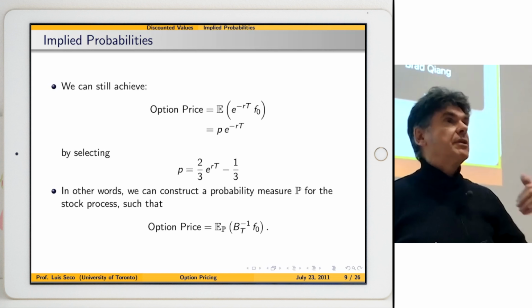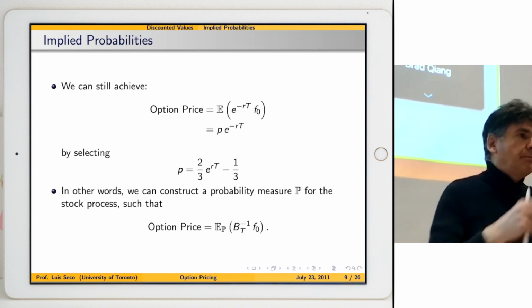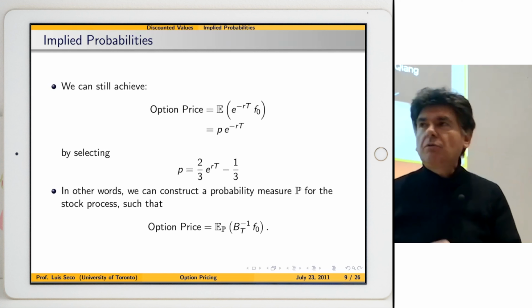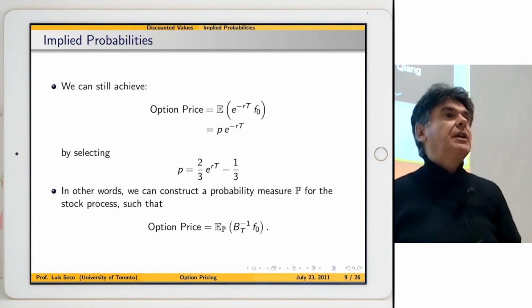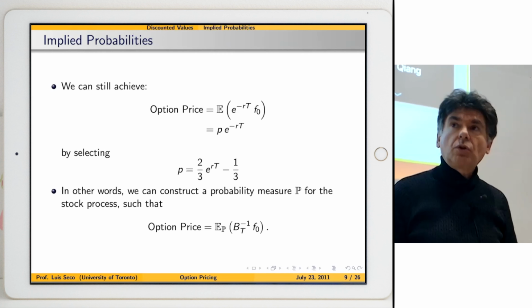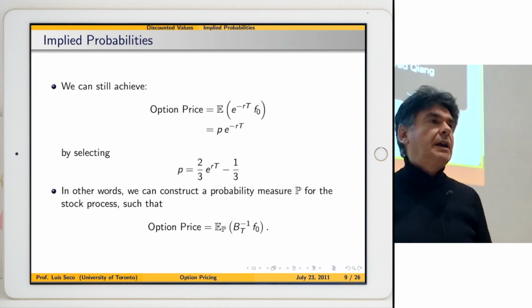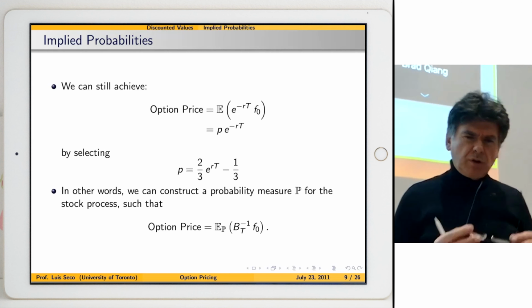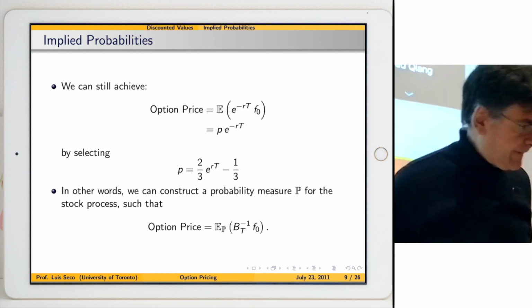P is the one that's given to you by opinions or something, and Q is the one which is built into prices. The implied probability is also called the risk neutral measure, and is typically called script Q.